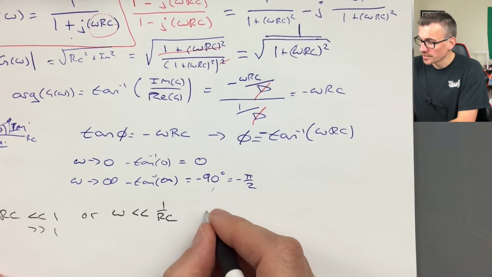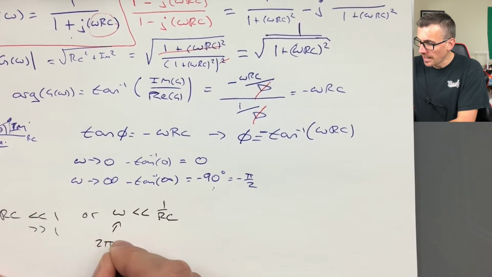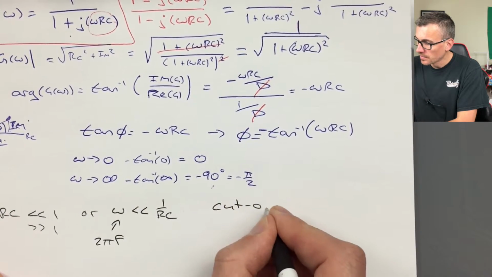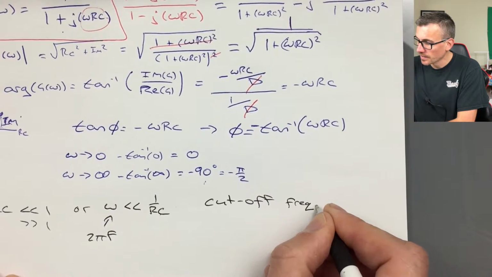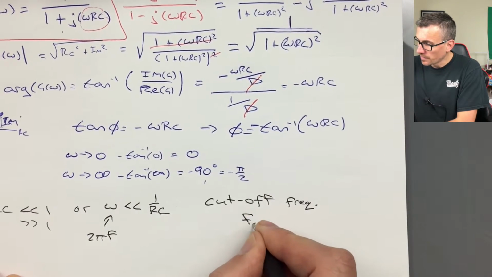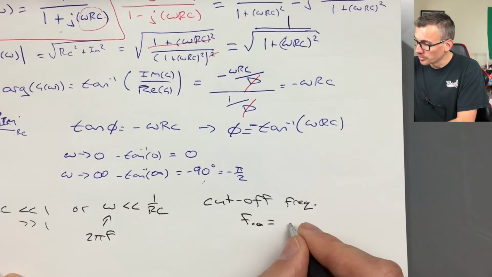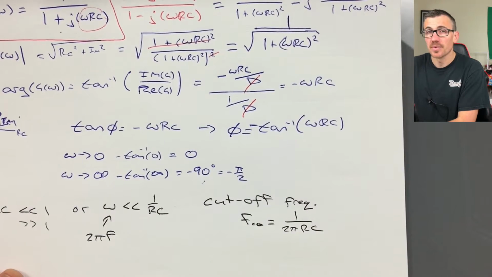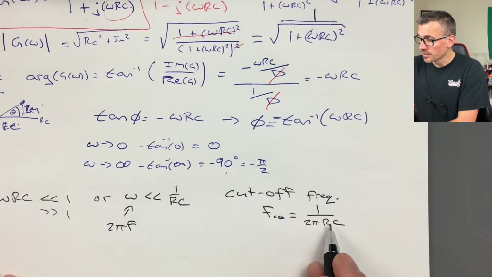In fact, well, this is 2 pi f, and we'll call this the cutoff frequency. And we'll see why in a second. F cutoff for this filter is equal to 1 over 2 pi R times C. So 1 over 2 pi RC is the cutoff frequency.